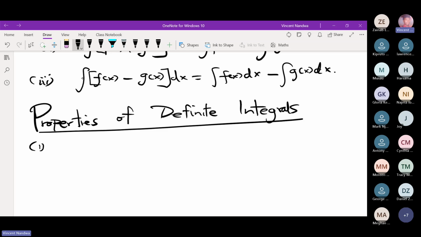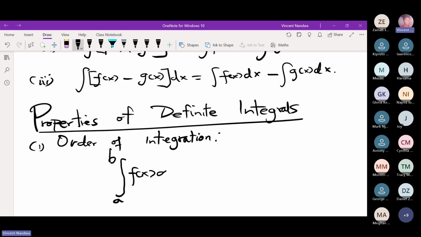So the first is what we call order of integration. Which says that if I'm integrating from a to b of f of x dx, then it's the same thing as negative the integral from b to a of f of x dx.